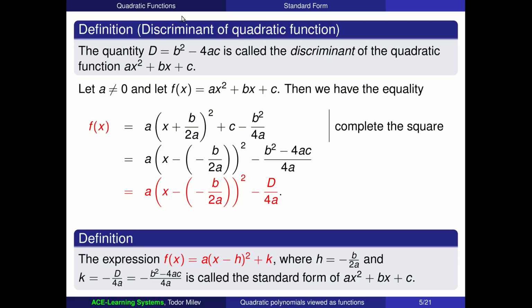So we introduced the notion of a discriminant. Discriminant is simply a number, b squared minus 4ac. Whenever we have a quadratic function, its discriminant is b squared minus 4ac. Why would we care for that?